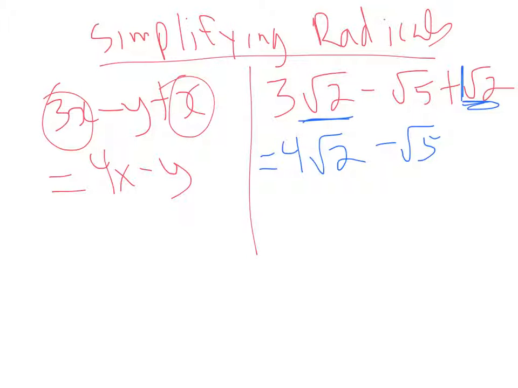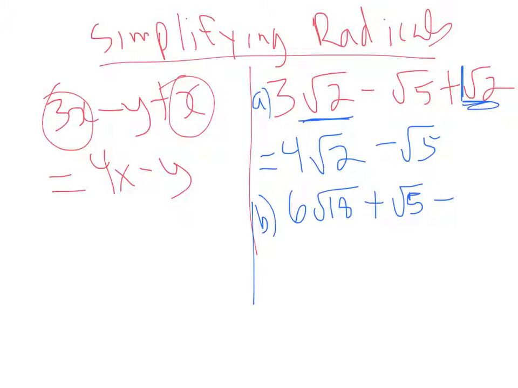There are more complex ones. What if we have one like this? What if we have 6 root 18 plus root 5 minus root 32.